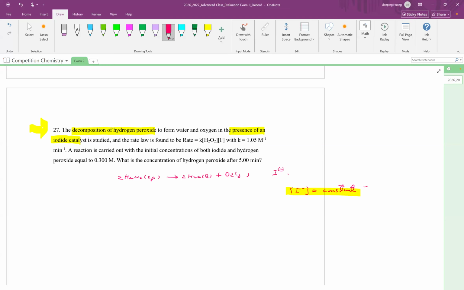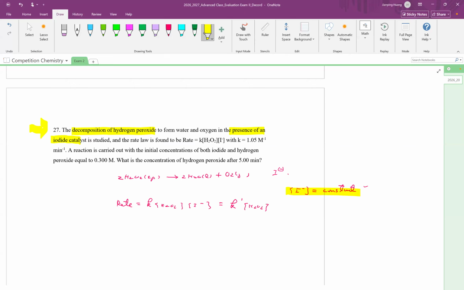Now, the question is so easy. The rate equals K, I minus, K prime. The basic question becomes a pseudo first order. Everyone knows how to do that.